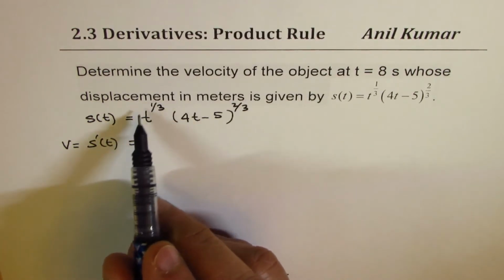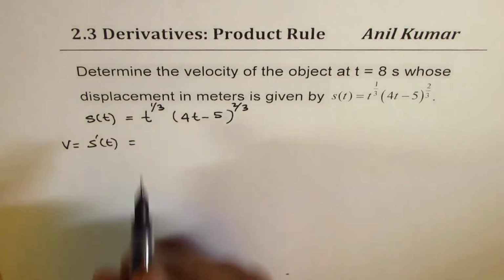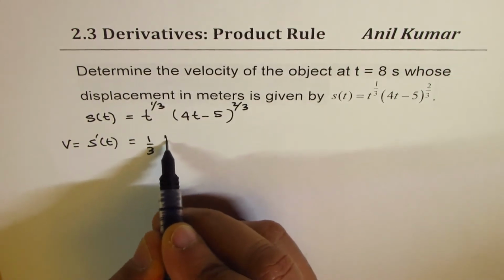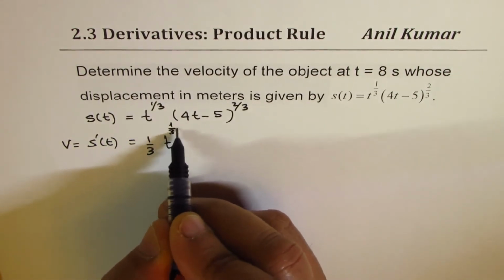So the derivative of the first function here will be, we are applying the power rule, so 1/3 times t to the power of 1/3 minus 1, right?